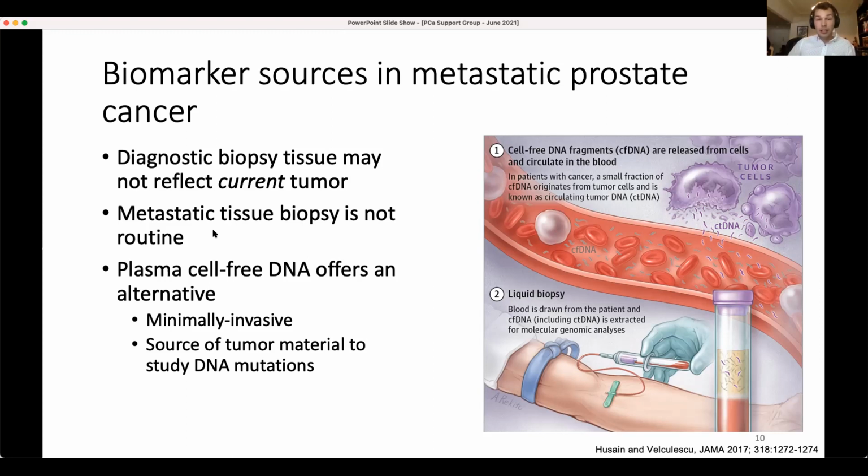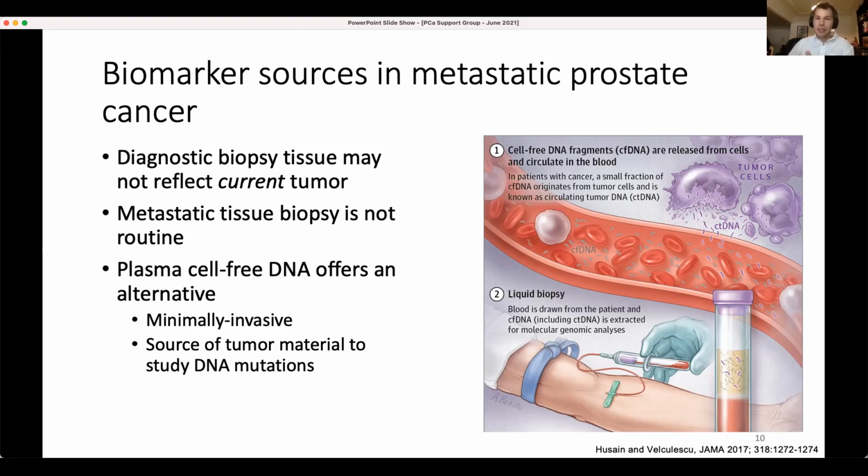Metastatic tissue biopsies are another source to obtain information about the status of the tumor DNA. But a challenge is that metastatic biopsies are not part of standard of care. And this is for a couple of reasons. The first reason is that prostate cancer often metastasizes to the bone, and it's very invasive and associated with high morbidity to actually perform tissue biopsies.